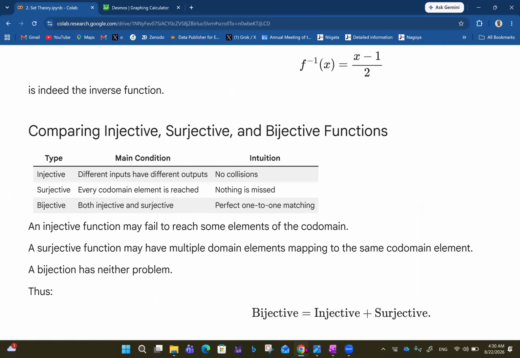So a surjective function may have multiple domain elements mapping to the same codomain element, like minus 2 and 2 mapping to 4, minus 1 and 1 mapping to 1.